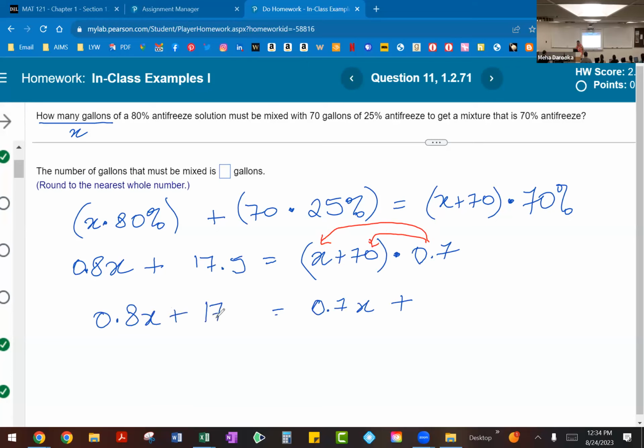Plus 49, yeah. The decimal and the zero will essentially cancel each other out, and you end up with 7.7. Alrighty, so we've got X's on each side, we've got constant terms on each side. Go ahead, solve that and tell me what your X is coming out to be.